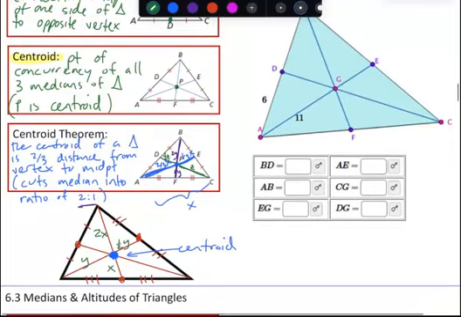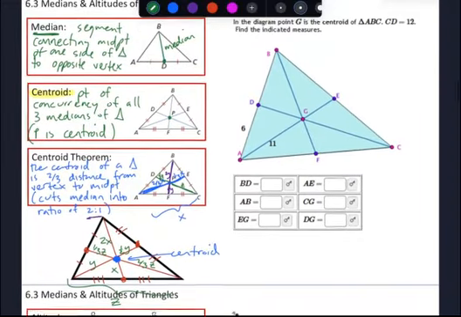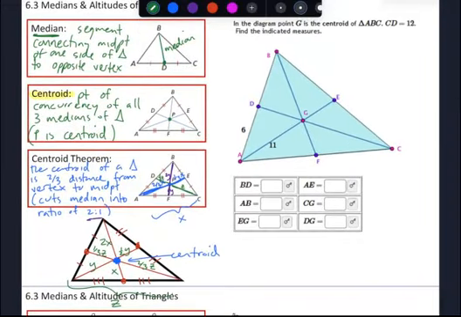And if we have this whole length, which I'll call z, then the portion to the vertex is two-thirds of z, and the portion to the midpoint is one-third of that. Those are the measurements you're looking at. Using those relationships, see if you can answer the questions on that table.